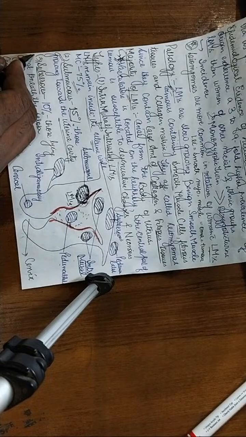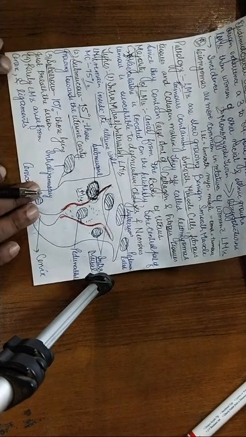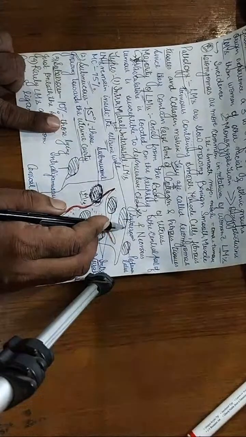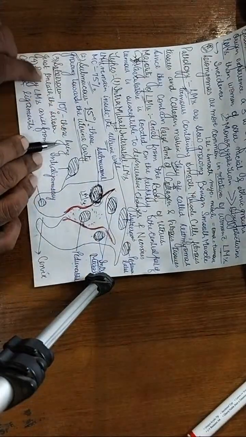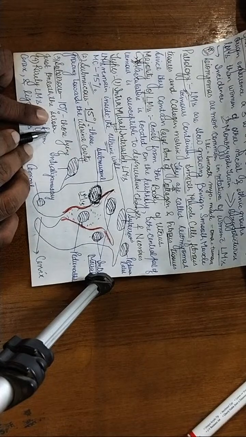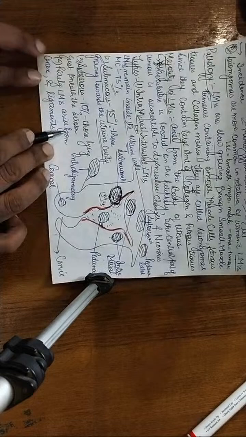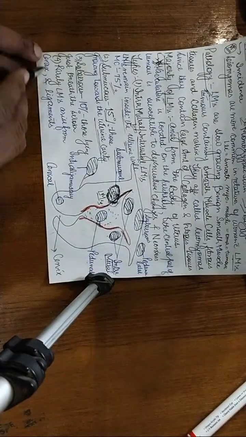Next, moving on to the subserous type. Only 10% are found in the subserous zone, lying just beneath the serosa.